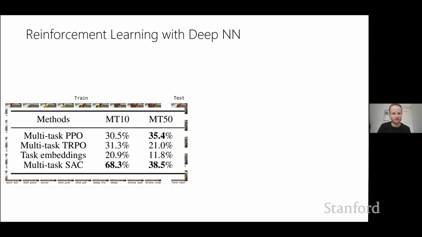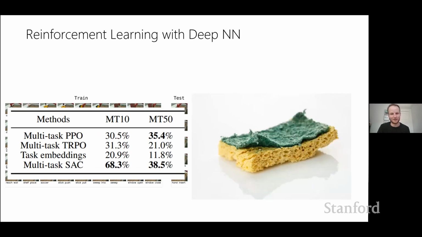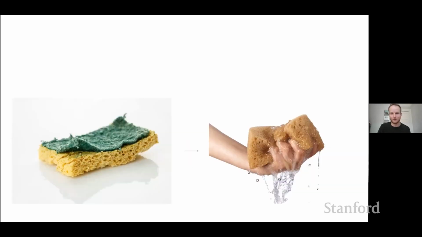So if we were to draw a data sponge analogy for this, our data sponge is not very absorbent for reinforcement learning. So one set of really interesting directions and works is how we can make this data sponge for reinforcement learning much more absorbent.